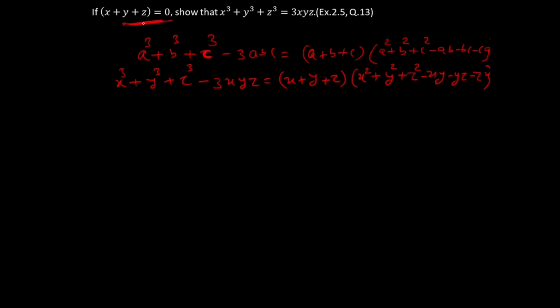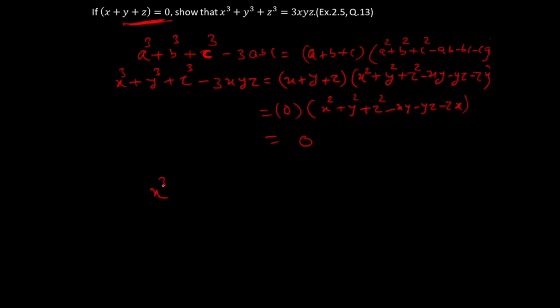Now replace this value here. So 0 times x square plus y square plus z square minus xy minus yz minus zx. 0 times the whole thing, 0 only. Now take this negative part on the right hand side.